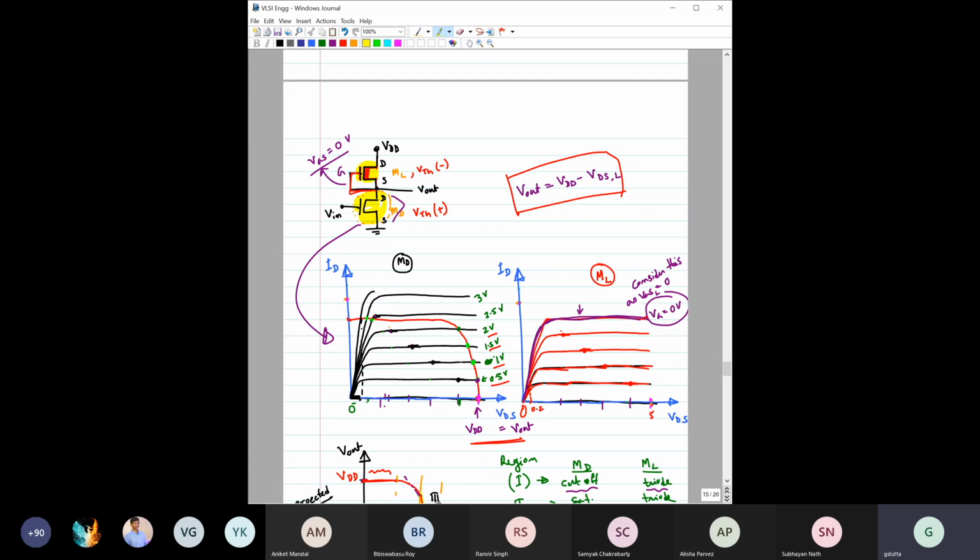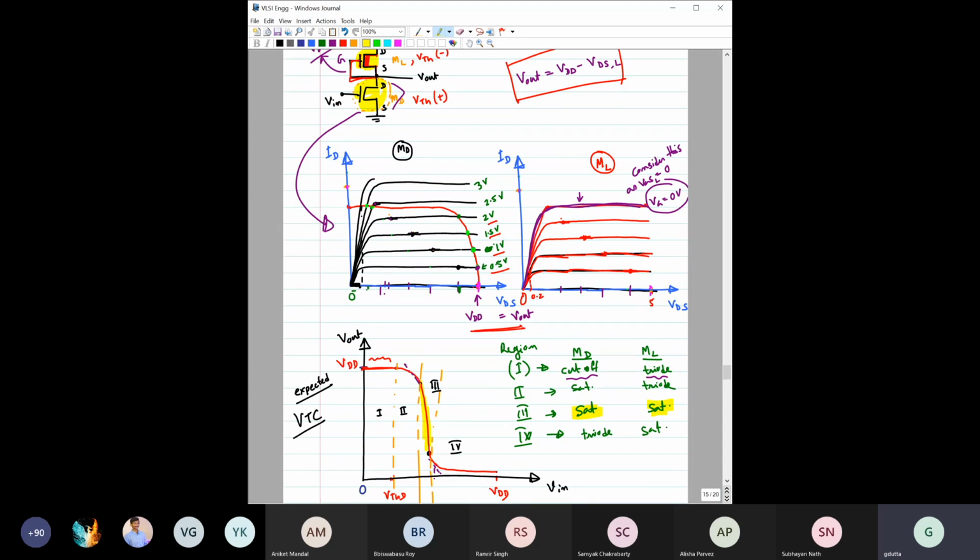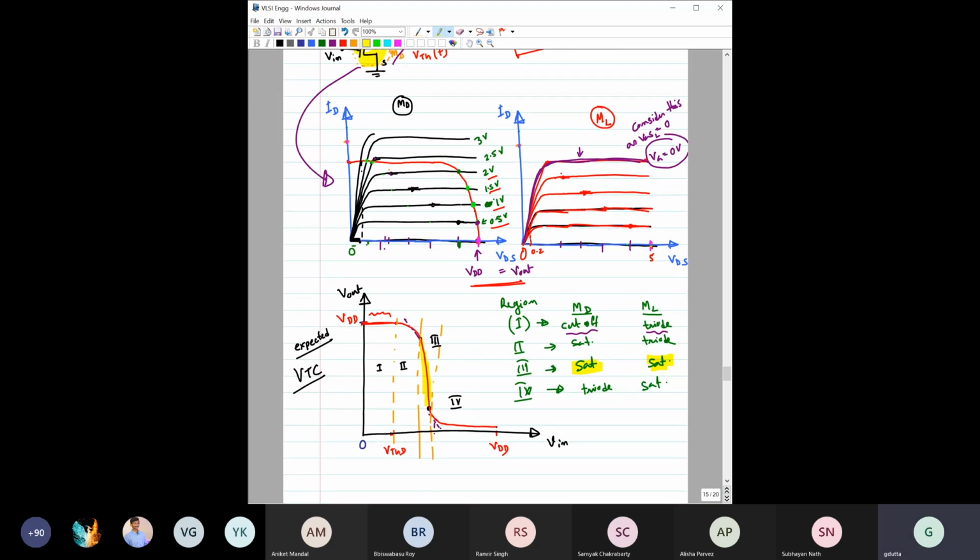From there take dVout by dVin, and that will give you the slope. So we are not doing this again and again, it is repetitive. If there is something new, obviously we will do that. I hope that if a numerical question is asked, you will be able to solve it.